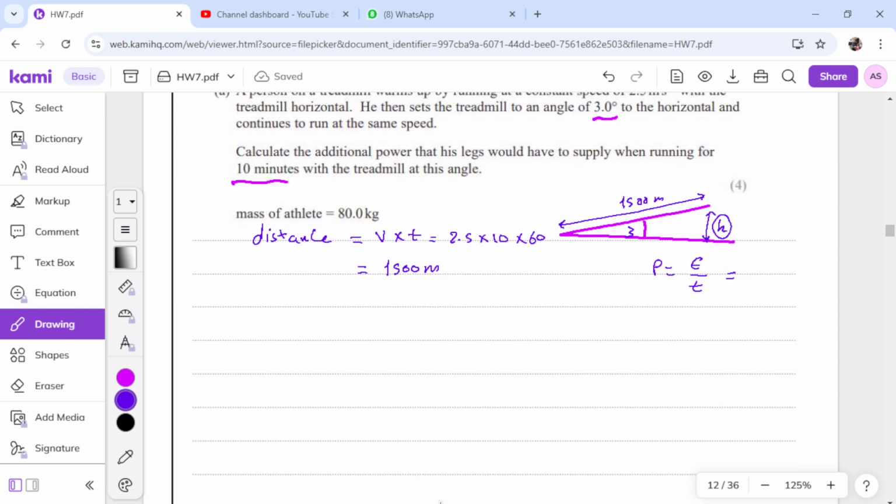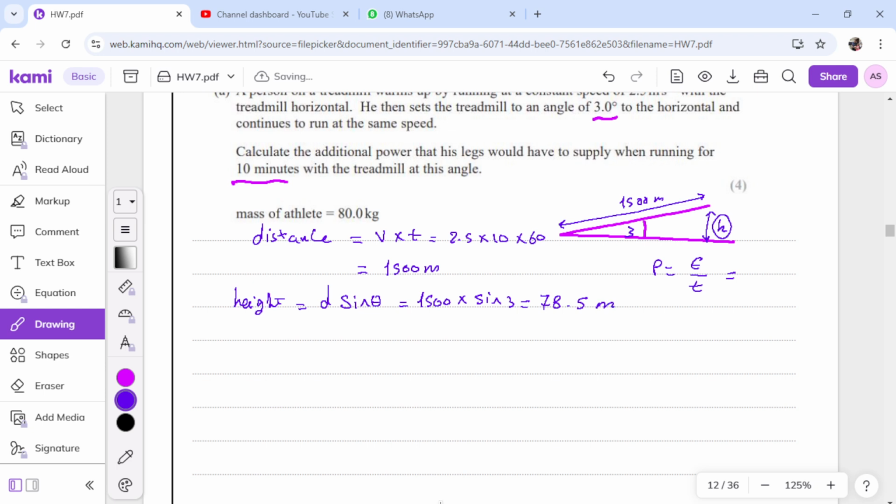The height will equal distance moved times sine of the angle, because the height is opposite the angle and the hypotenuse is the distance. So it will be 1,500 multiplied by sine 3, which gives you 78.5 meters.